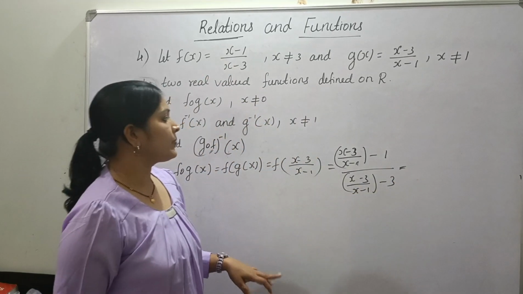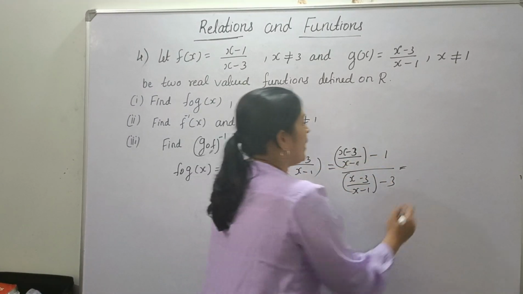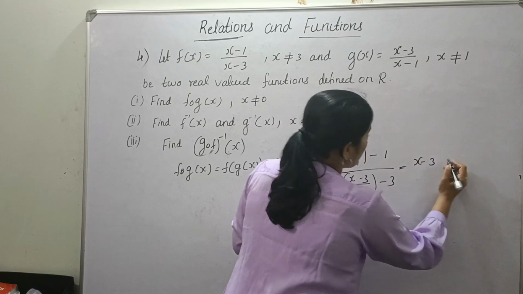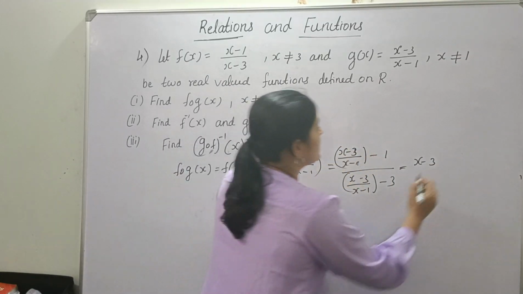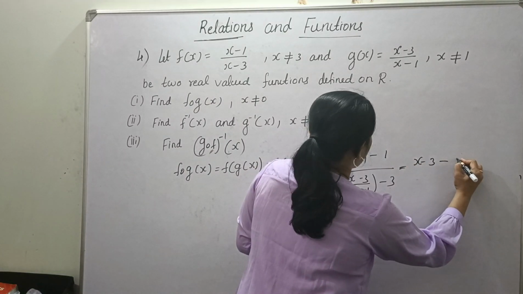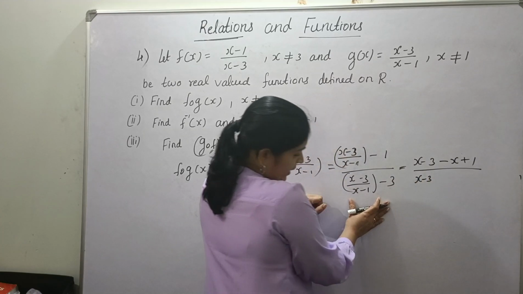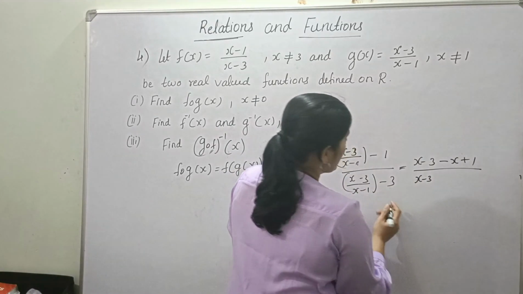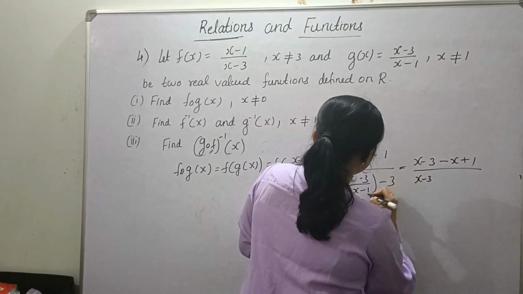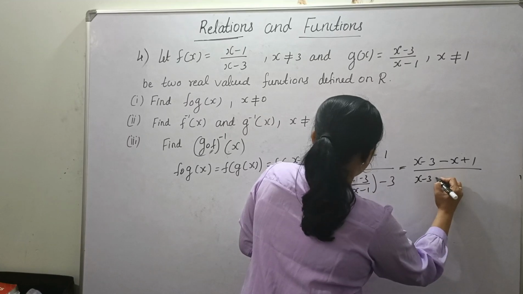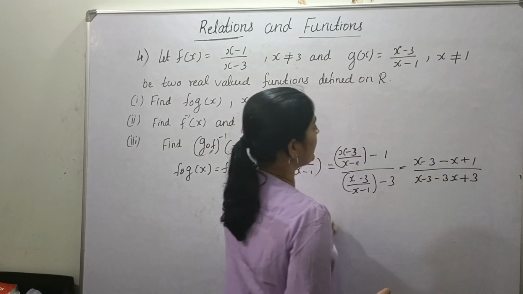Now let us simplify. Take LCM in the numerator and denominator, x minus 1. See, x minus 3, and multiply the 1 by x minus 1, each term inside the bracket, that is x minus 3 minus x plus 1, divided by x minus 3. Here also take LCM, x minus 3, and multiply the minus 3 by x minus 1, each term inside the bracket: minus 3x plus 3, right?